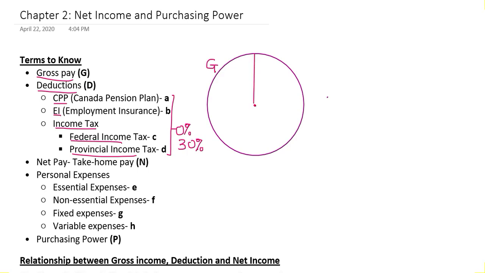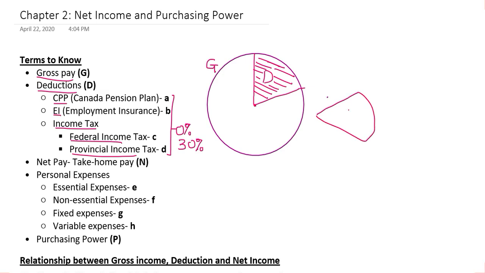We take a little piece of this pie, and this piece is labeled D. All this area is what is taken away from your gross pay, which is your weekly, bi-weekly or semi-monthly pay. Once that percentage is taken away, let's look at D and see what it contains.